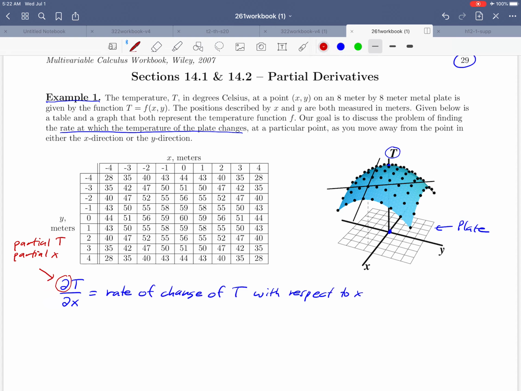And when we think about this rate of change, we are holding the other variable constant. We're only thinking about moving in the x direction along the plate, and in a minute we'll talk about how we might get a number for that.